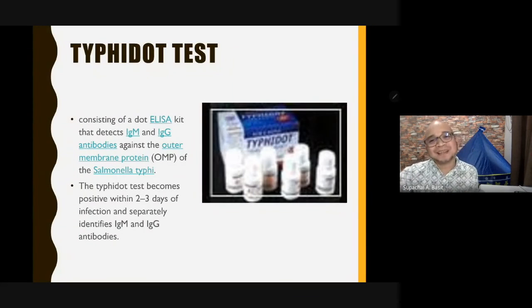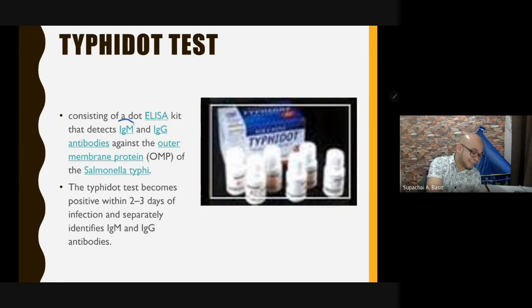However, the Widal test is not done anymore because what is more popular in the laboratory is the Typhidot test. It consists of a dot ELISA kit that can detect either IgM or IgG antibodies against the outer membrane protein of Salmonella typhi, so OMP.